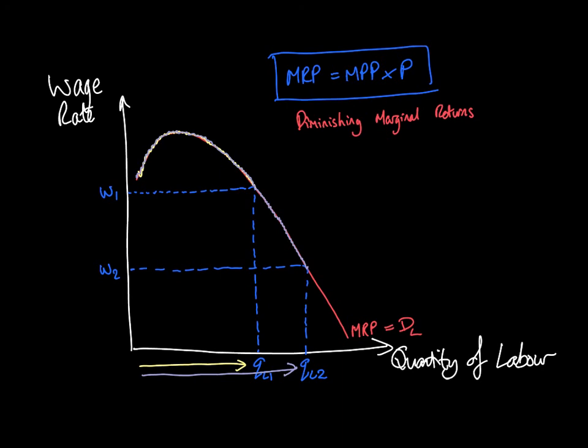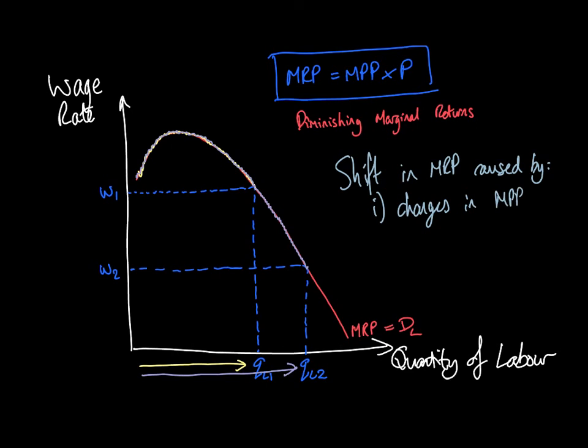So we can say that a shift in MRP can be caused by either changes in the MPP, the physical product, so that might be, for instance, improvements in technology or something like that that enable the workers to actually produce more.